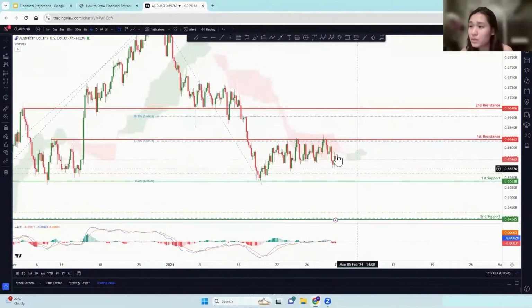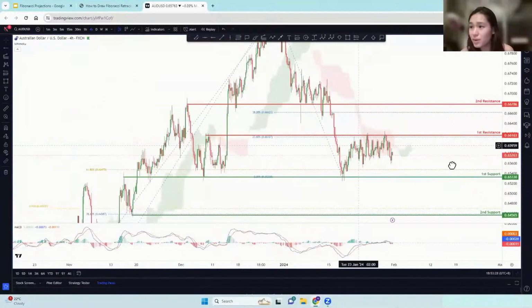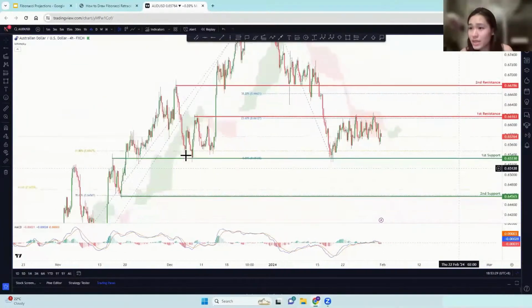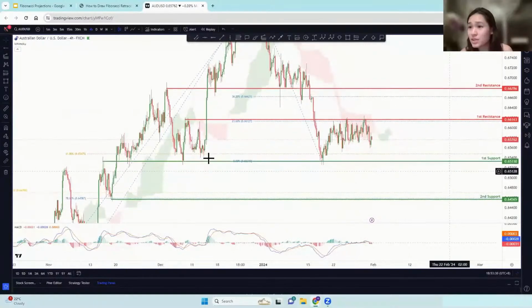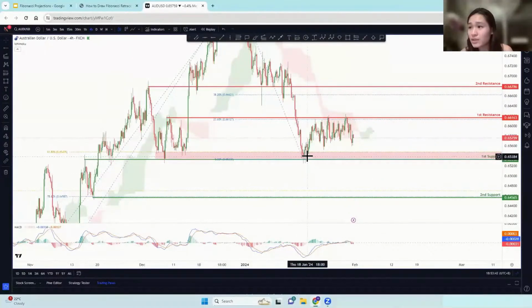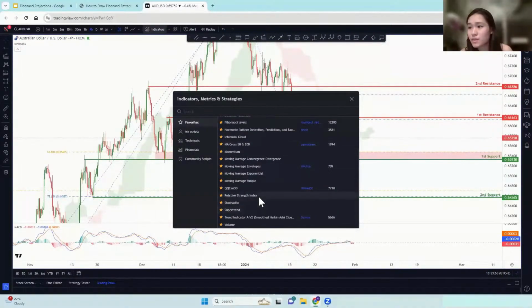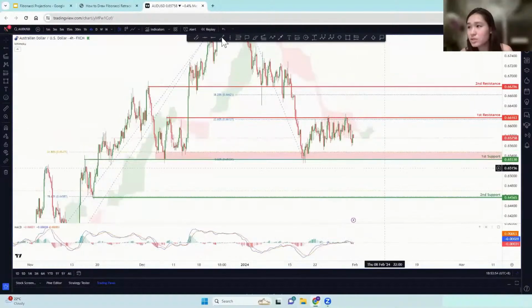Okay, so you might want to go for a sell from where price is at now to our first support, since there is quite a bit of resistance at this level here. Okay, because we have two swing lows here, and you can see price testing that same level with the 61.8 as well. Let's look at RSI. Okay, not much.